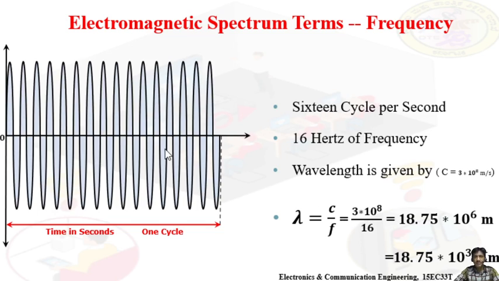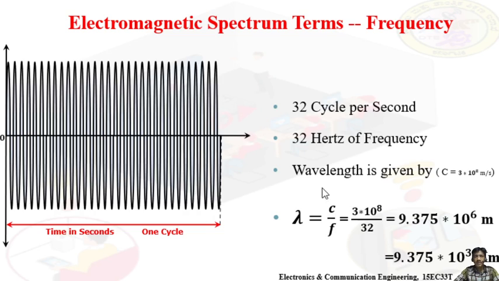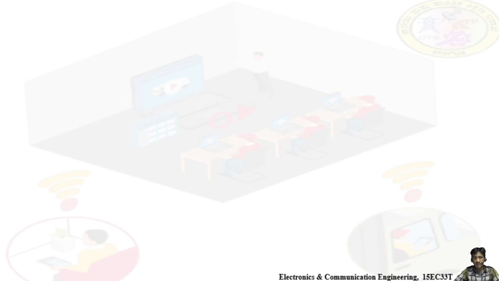If it is 16, then 18.75 times 10 to the power of 3 kilometers. Again, increase to 32 hertz, the lambda becomes 9.375 times 10 to the power of 3 kilometers. So it can be considered that if the frequency is increased, the value of wavelength will be reduced.